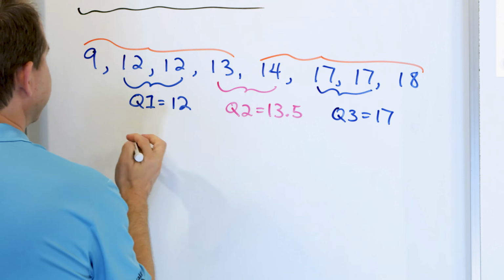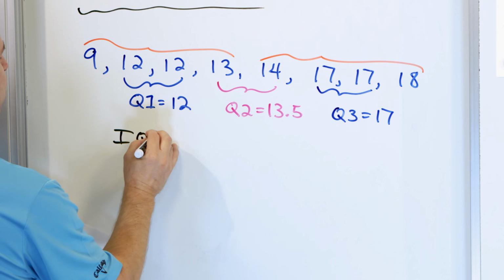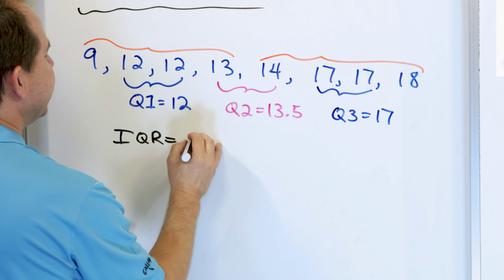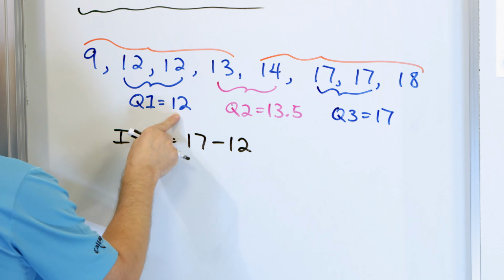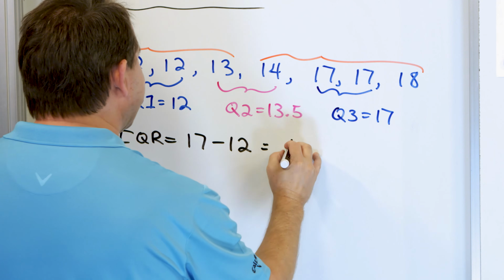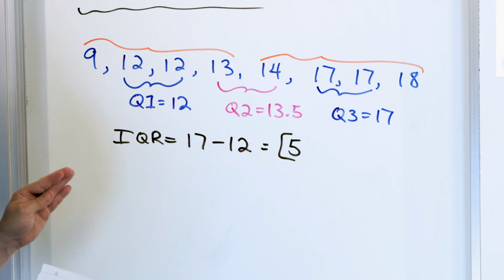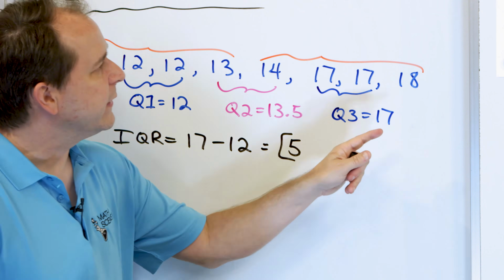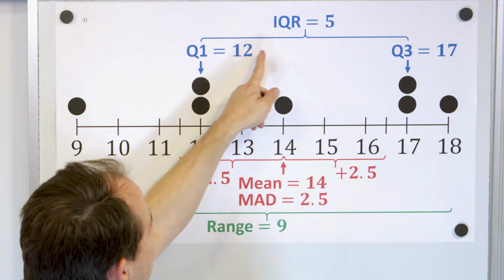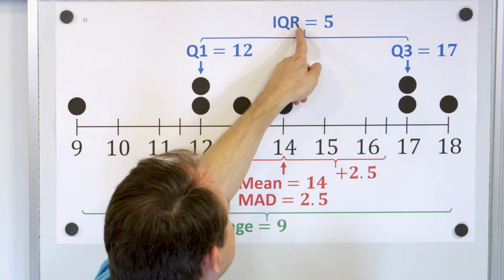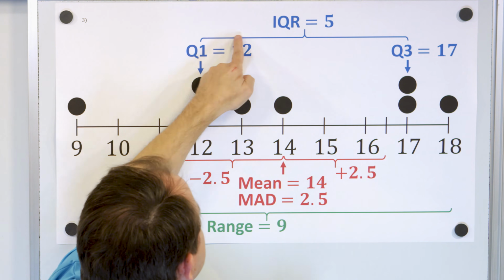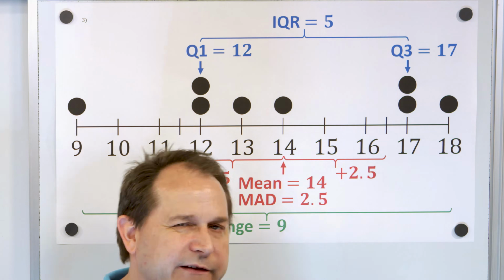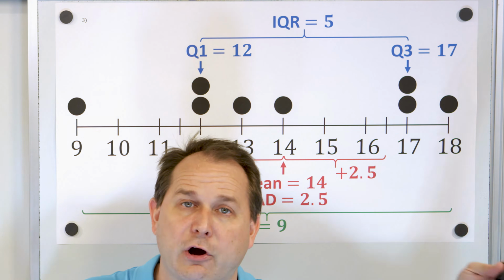So now that we know this, the interquartile range is just equal to Q3, 17, minus Q1, which is 12, and you'll get an answer of 5. So this interquartile range is 5, and it goes from Q1 of 12 to Q3 of 17. It's just another way of expressing the spread of the data when we discard the outliers.